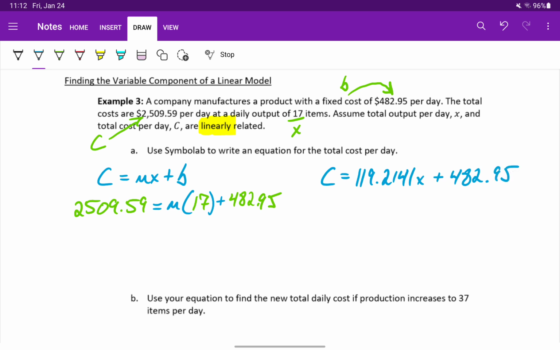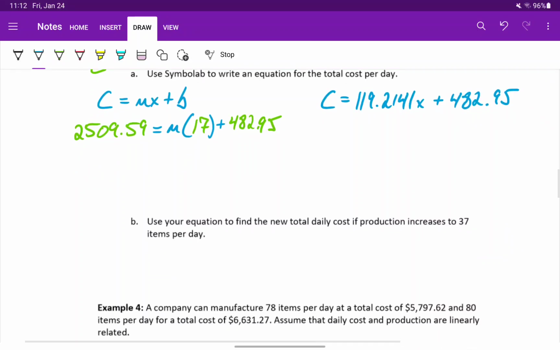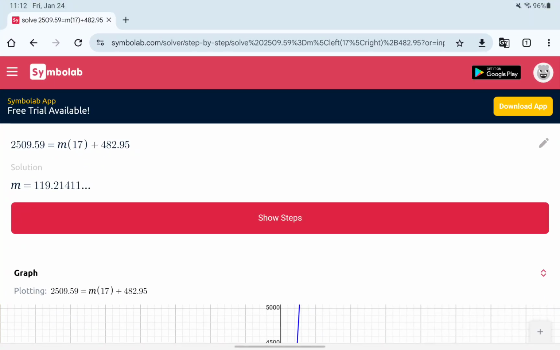Now that we have that linear equation for total cost, in part B we can find the new total daily cost if production increases to 37 items per day.